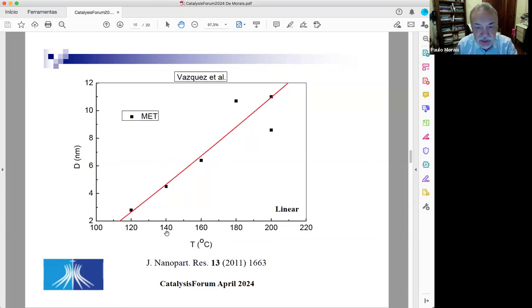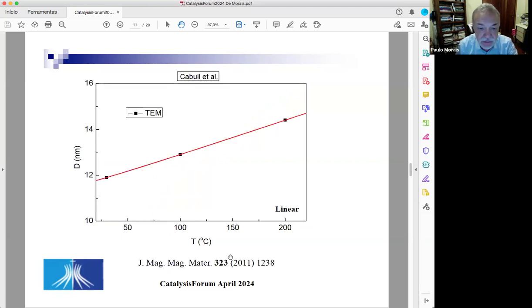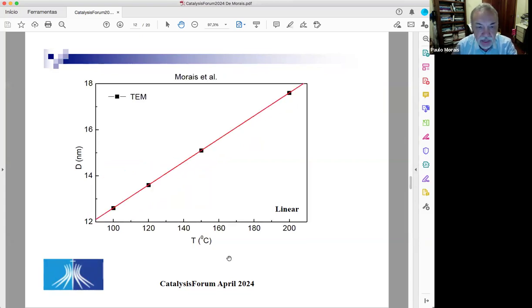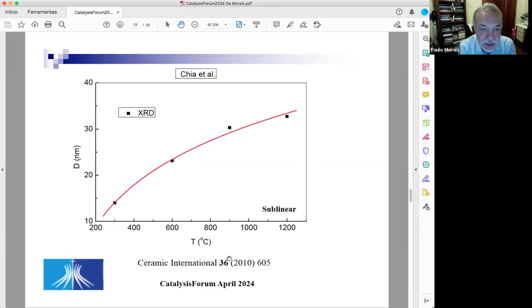In particular, this data is really linear. Published in 2011, again another paper showing linear behavior. And this is mine, straight linear, very fine linear data. And then it starts to be sublinear.